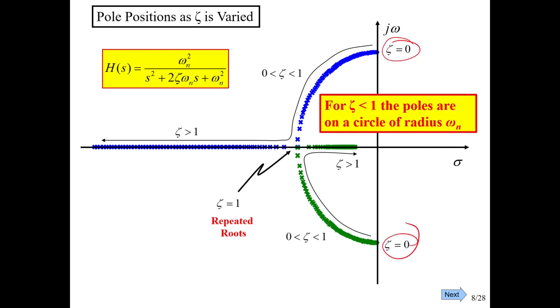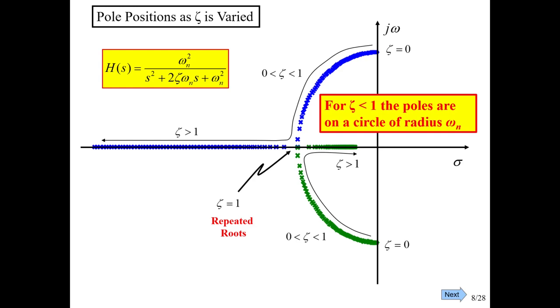Zeta equal to 0 puts the poles right on the j omega axis. So notice here I'm disallowing that case because that would give me a filter that is marginally stable, and we generally don't like those, but it is also impossible to actually build because you would need 0 resistance in all of your components to make that happen, including the wire, and that can't happen unless you're going to run your circuit at absolute 0.